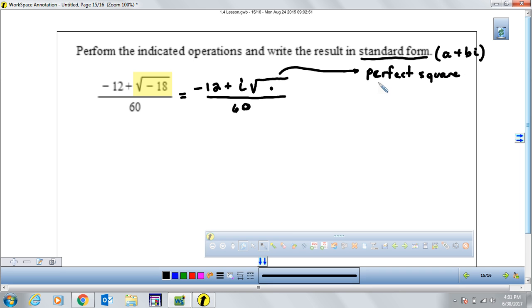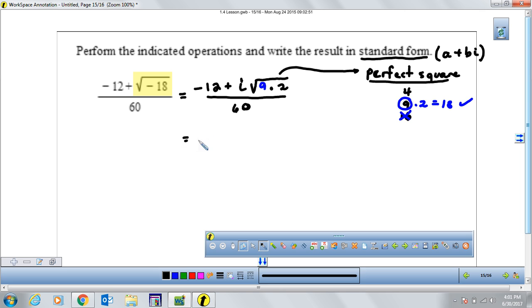So if we talk about the perfect squares, we have 4, 9, and 16. Those are the ones smaller than 18. So 18 cannot be broken down into 16 times anything, right? But 18 can be broken down by 9, so it would be 9 times 2. That equals 18. So that's the one we can use. So it would be square root of 9 times 2.